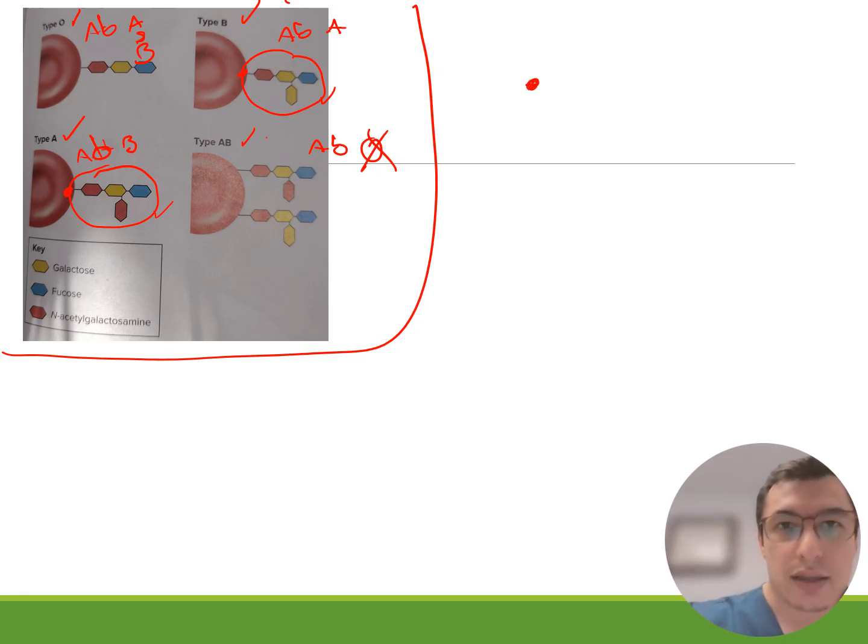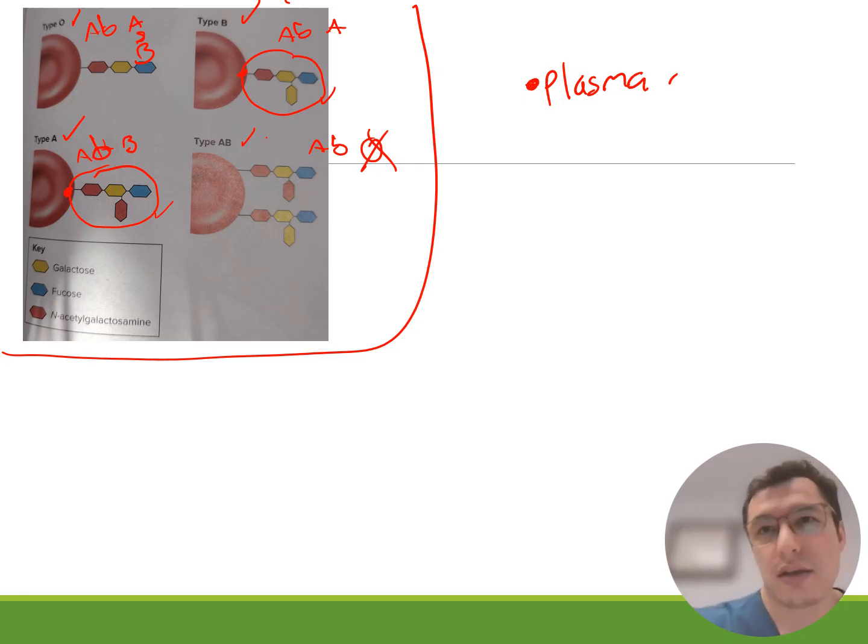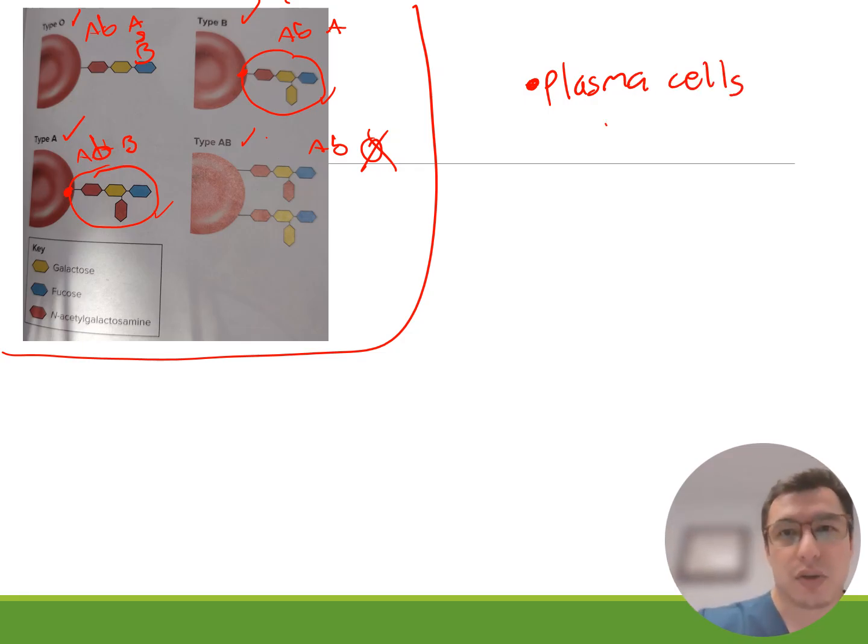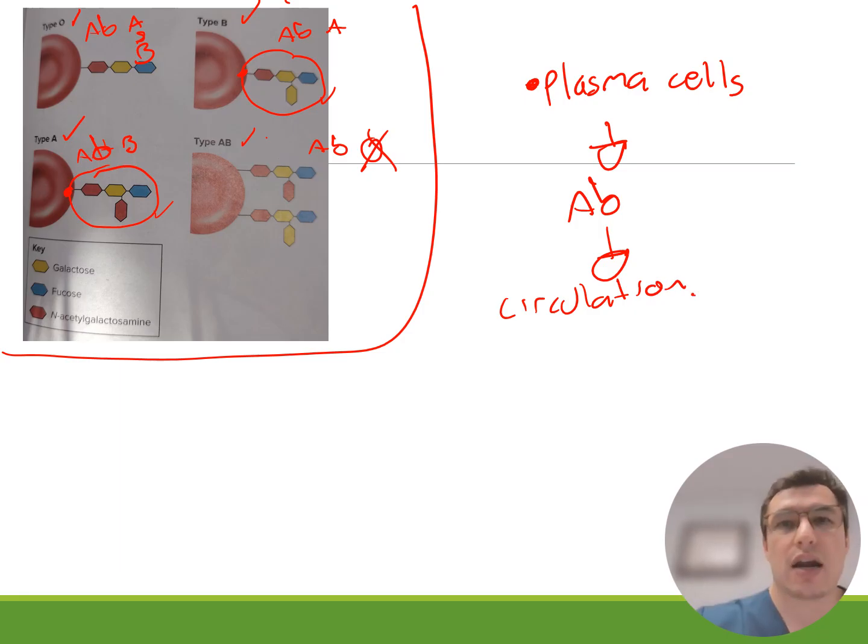Remember that we have plasma cells producing antibodies. These antibodies are flowing in circulation, and they have an affinity for either A or B surface antigens, depending on which blood type you have.